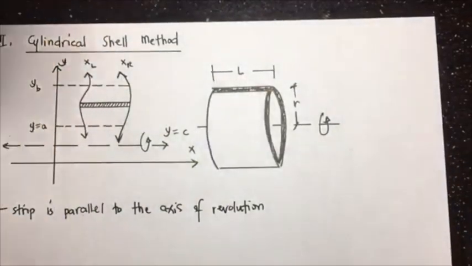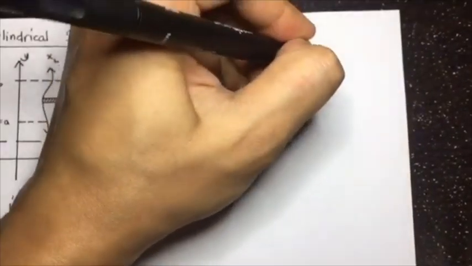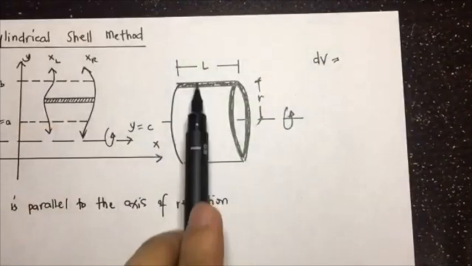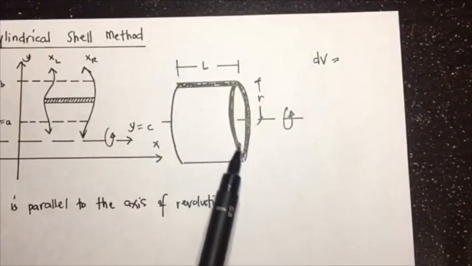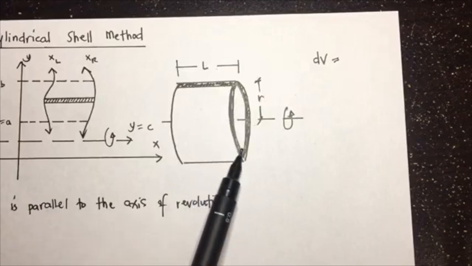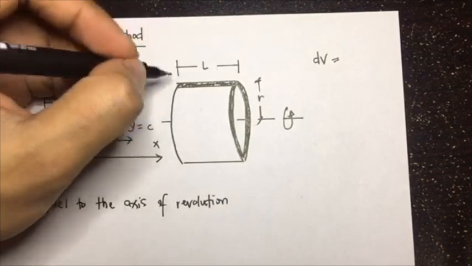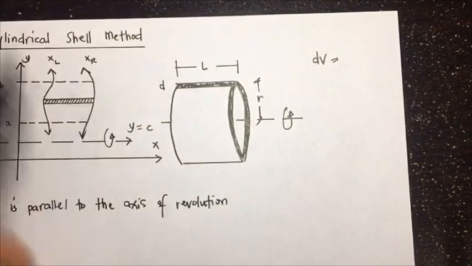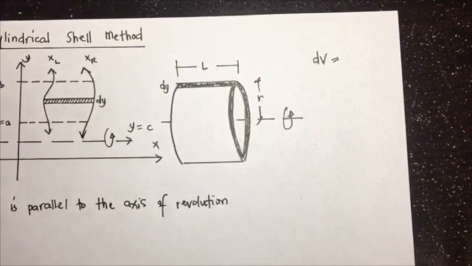The differential volume in this case will be dV equal to the circumference of this multiplied by the length and then multiplied by the thickness. In this case we'll be using dy.